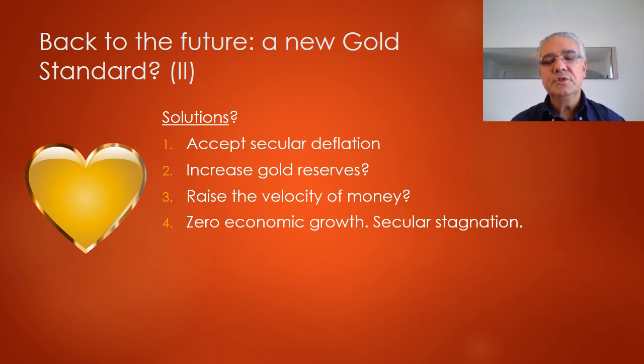That means growth is just enough to sustain the growth in population. And if we hit that level, then we can have a gold standard, because the physical stock of gold would be constant, and the consumption per person would also be constant. So we would have an adequation between the two.